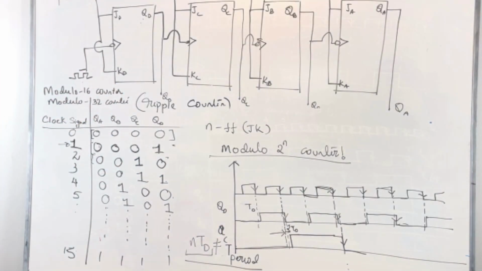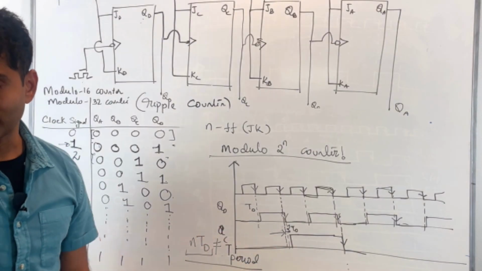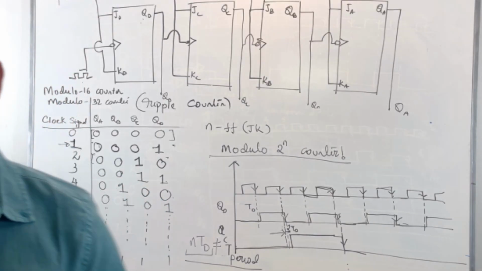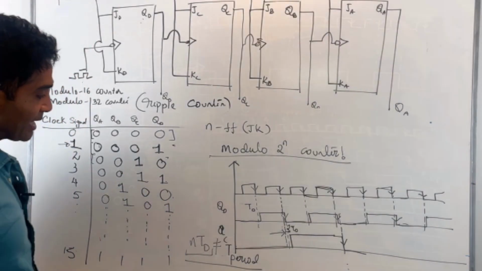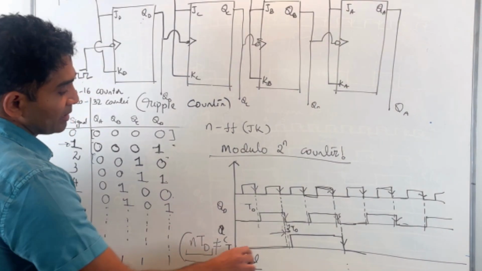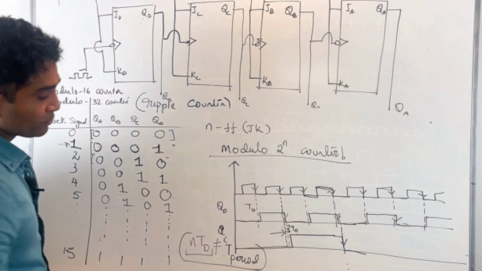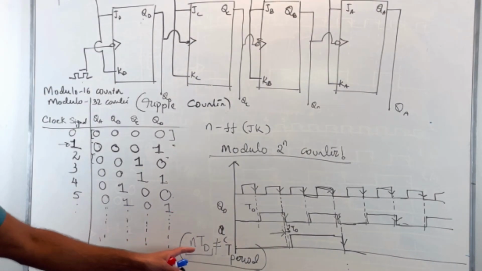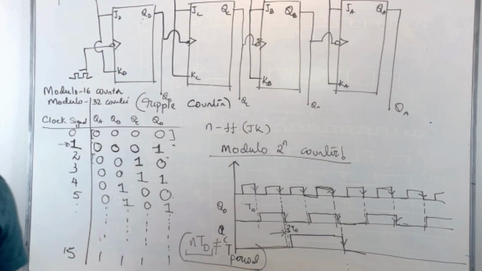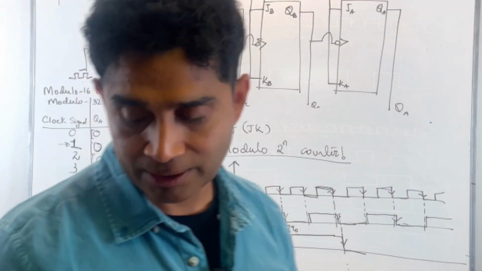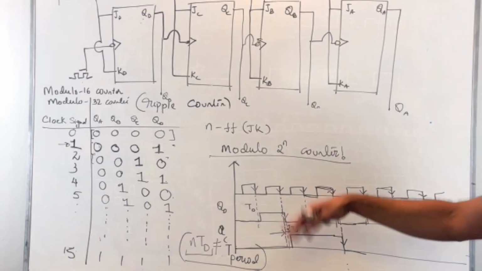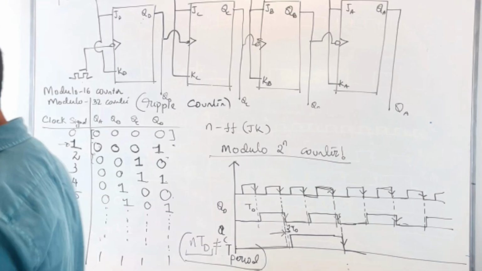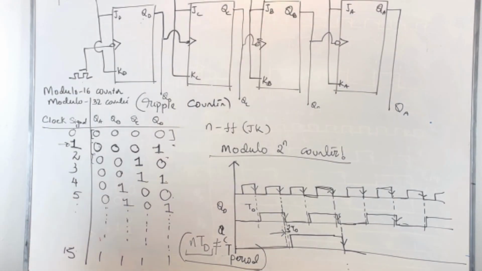Once it exceeds that period, we have desynchronization happening. So when designing a ripple counter, you can only use so many stages, so that the combined timing delay is still less than the time period of the clock, in which case we will get the right count. Otherwise, you will get intermediate wrong counts in the counter.